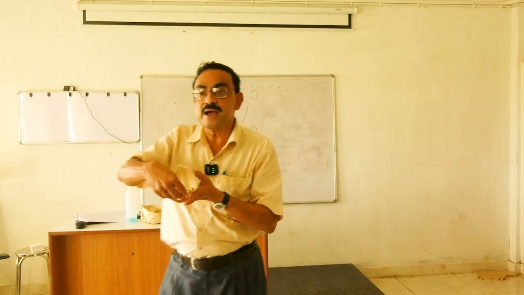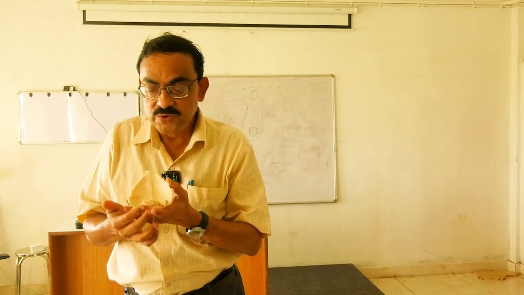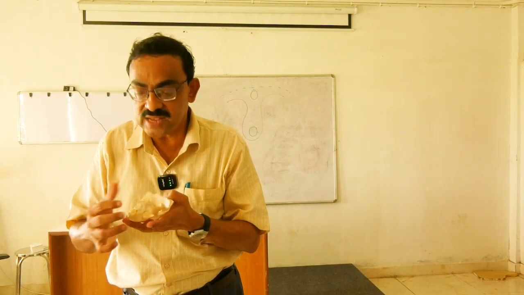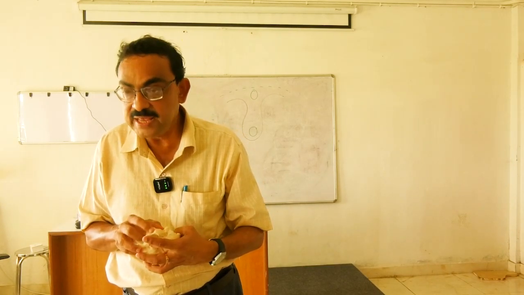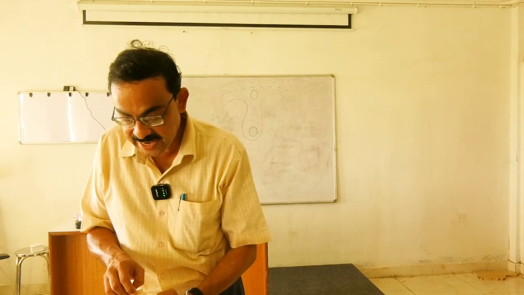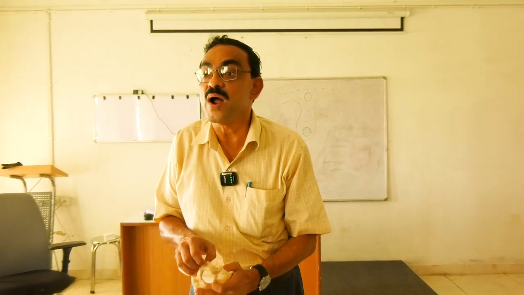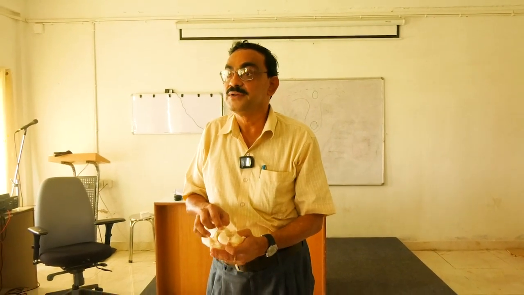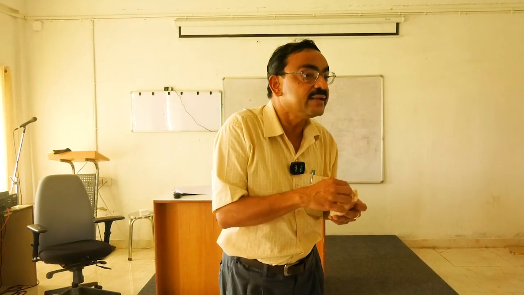So, this is the basilar part. You can find it has a superior surface and an inferior surface, and in the inferior surface we can see one tubercle. Tubercle means an elevated bony part.